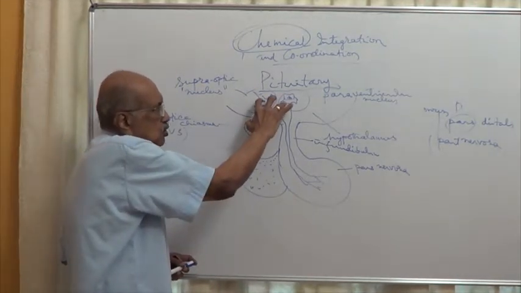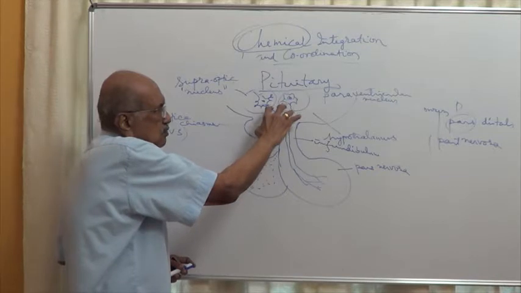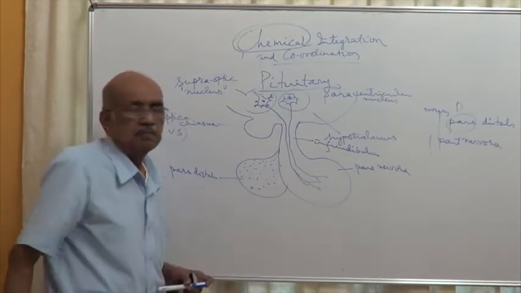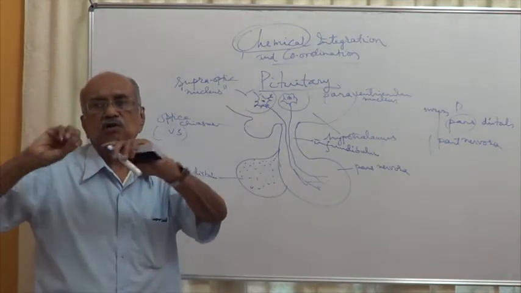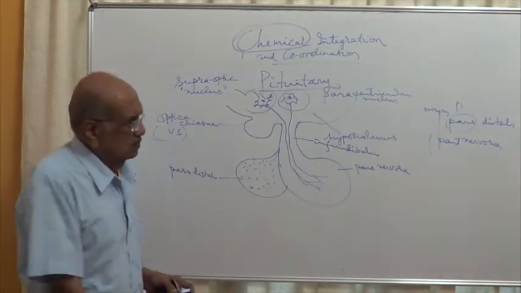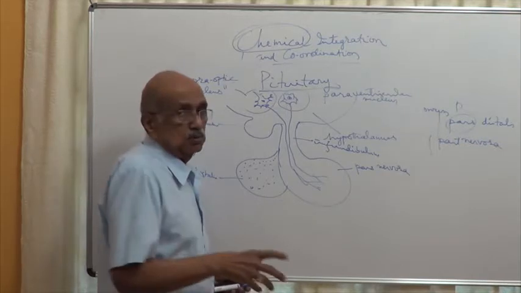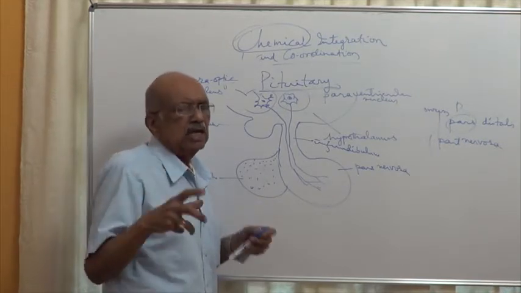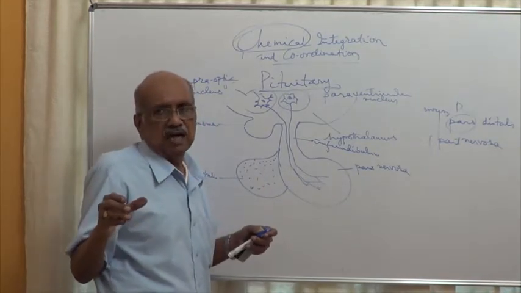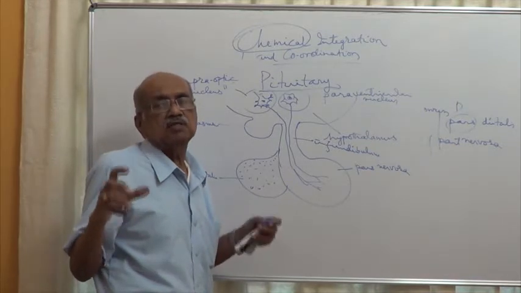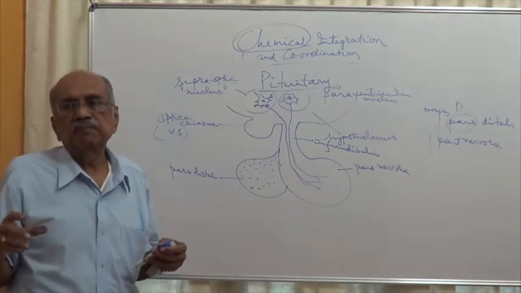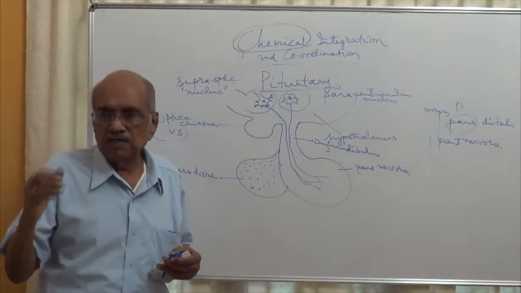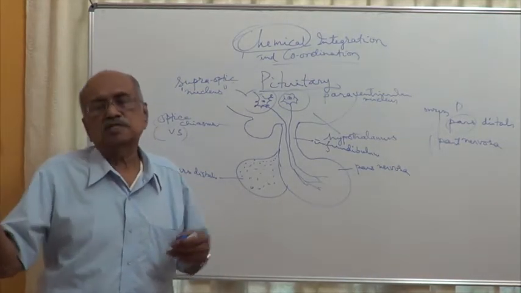Neurohormones produced by the two groups of nuclei come down and their axons end in telodendria. Telodendria are distributed over a big plexus of capillaries, which forms a part of the hypophyseal portal system.